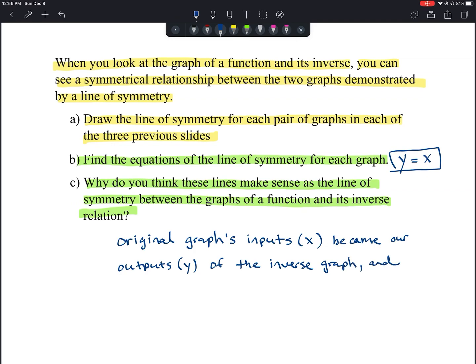And vice versa, right? That means that if I had an x and a y on one function, these are going to be switched when I go to my inverse.